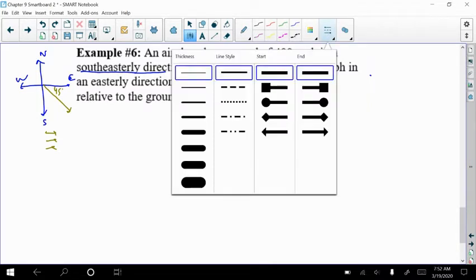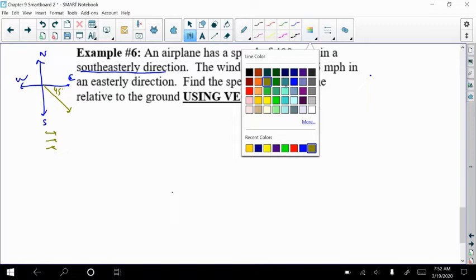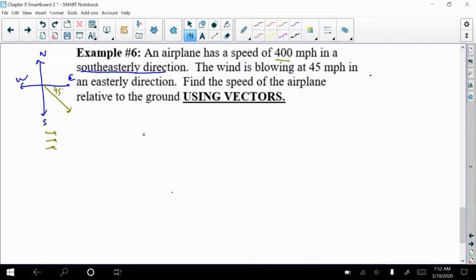So if I think about 400 miles per hour, that's the magnitude of that vector. So if I'm thinking about this vector going 400 miles per hour, that has two components, and that's where that southeasterly direction goes. So it was over and down by a certain amount. And because it's exactly a southeasterly direction, we can realize that's a 45, 45, 90 triangle. So we have equal increments here.